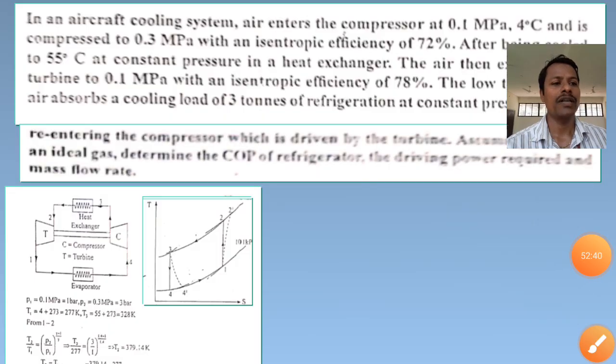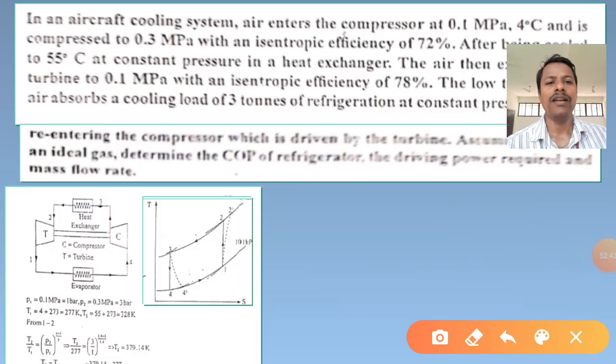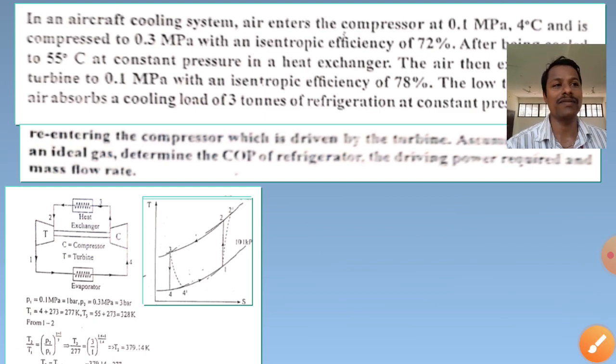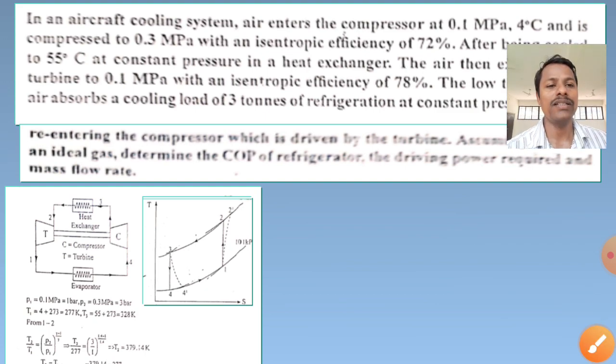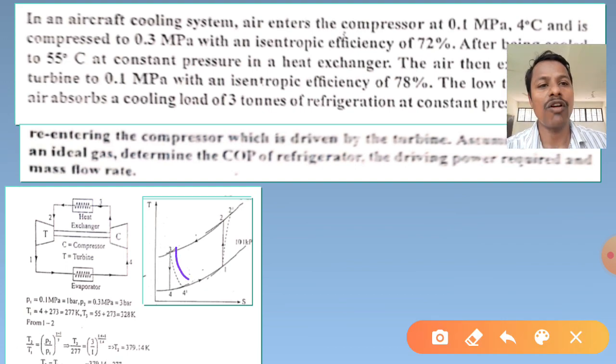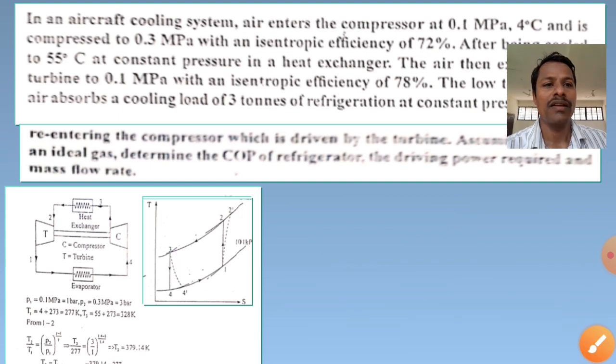Let us look into the solution. This is the schematic diagram for the problem, and we can draw the modified TS diagram for this from the Brayton power cycles in module number 1. We know that the variations are indicated with dotted lines. These are the deviations because of losses.